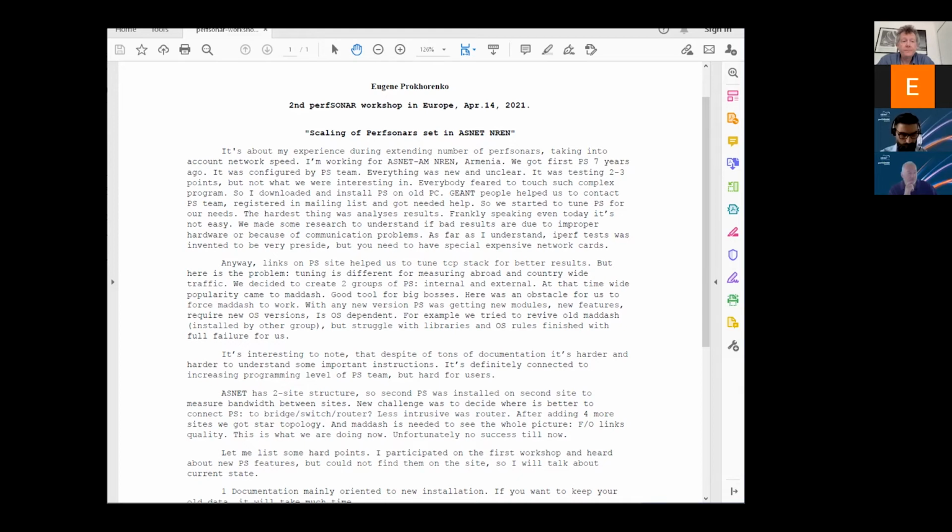It is definitely connected to the increasing programming level of the perfSONAR team, but it is hard for users, because when you compare documentation for different versions, in the last versions they are using more technical language, and even some networking people can't understand all these parameters.